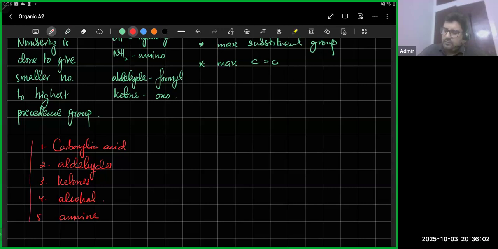Let me just double check this. Precedence order. Carboxylic acid and its derivatives. Sorry, the nitriles also come in between, so let's put in the nitriles as well.